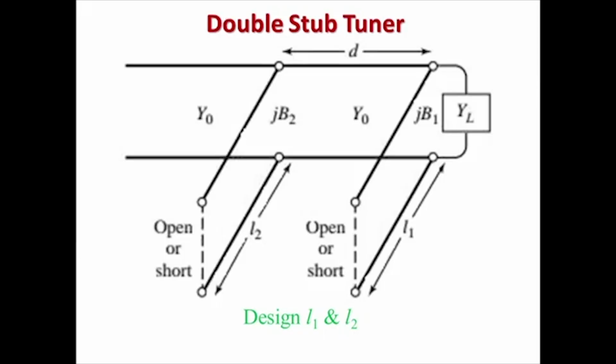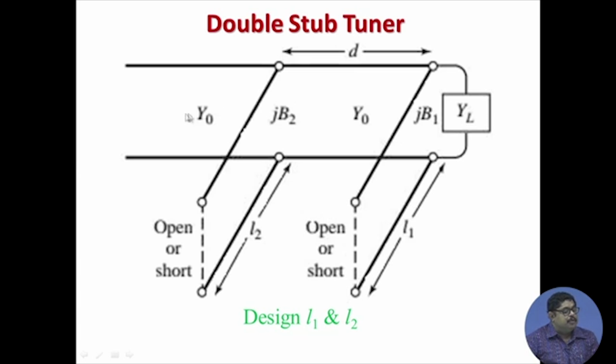So, people come up with double stub tuning, where two stubs are used, not one stub, and the distance between the stubs, that is called D, is fixed. So, stub positions are fixed: the load is immediately connected to the first stub, then there is D, also fixed, connected to the second stub. So, what is the design? The design is the lengths of these stubs.